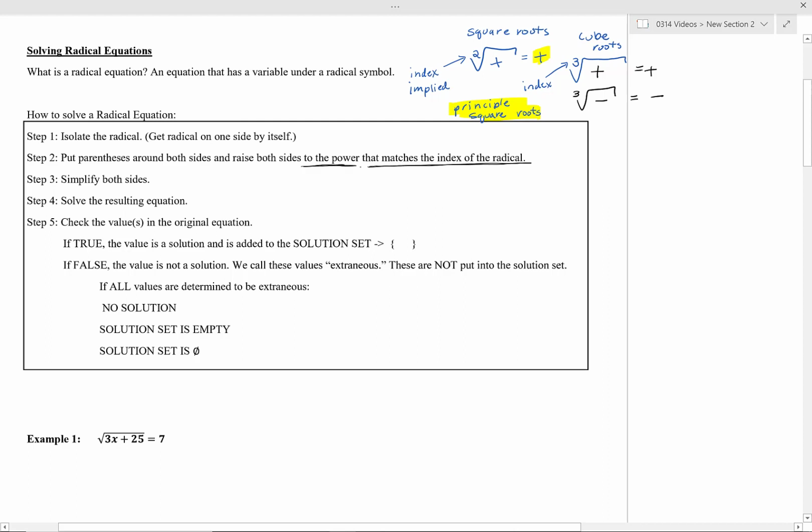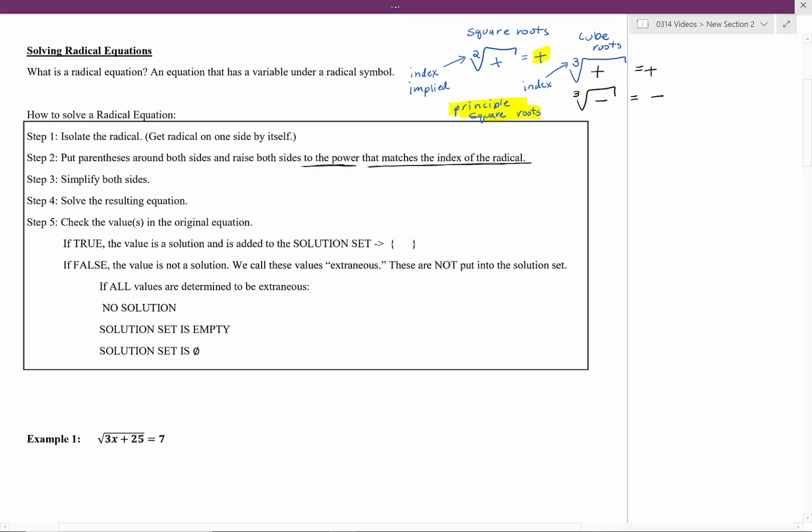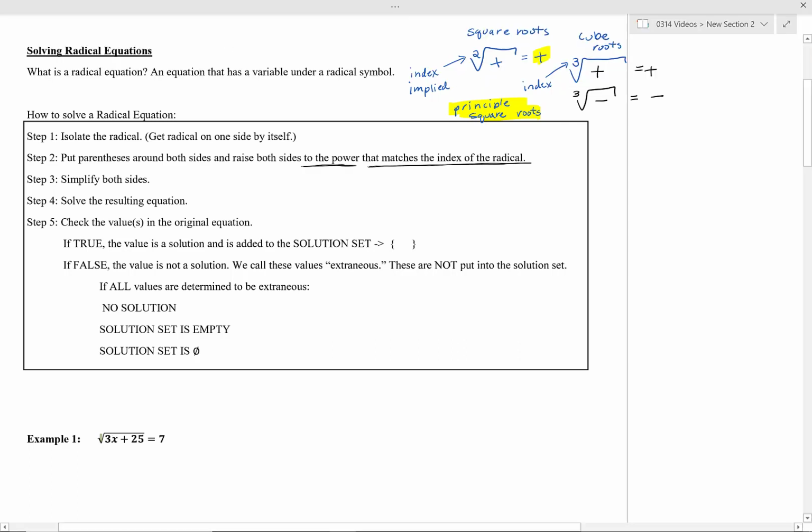So let's look at example 1 before we continue on with the rest of the steps. In this case, we have the square root of 3x plus 25 equals 7. We notice that we do have a radical symbol and we have x underneath it, so this is a radical equation. We also notice that the radical is completely by itself.